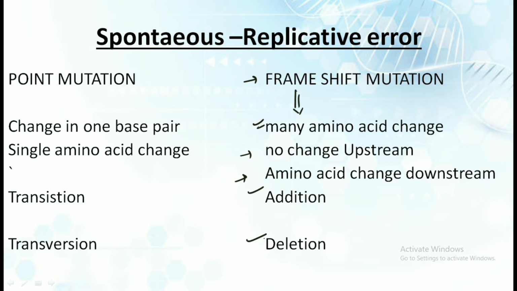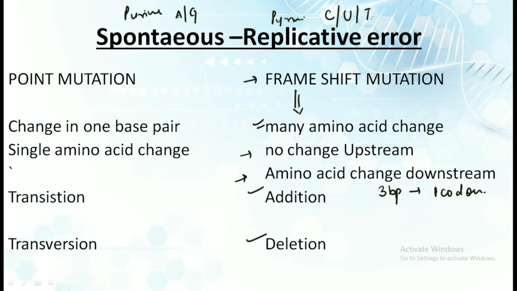This could occur either because of addition or deletion. The first thing we need to remember is that there is something called a codon. Three bases lead to the formation of one codon. And what are bases? We have just discussed there are either purines or pyrimidines. In case of purines we have A and G, and in case of pyrimidines we have C, U and T, that is cytosine, uracil and thymine.